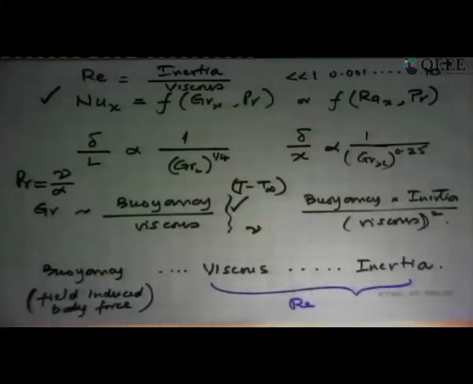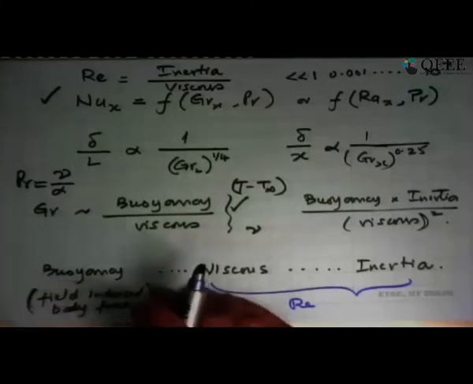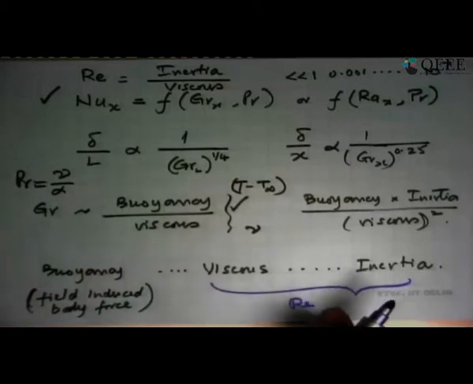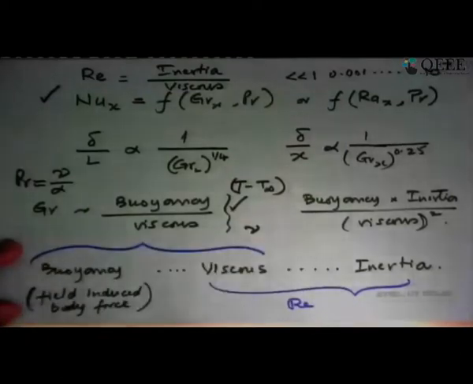We didn't even talk about buoyancy force, with the assumption I had mentioned that in that case the temperature gradient induced body force is so small that we neglected it. So we had only a Reynolds number dependence in the problem. Now that we are looking at natural convection, we are looking predominantly at these two, and so inertia is not that big a player.